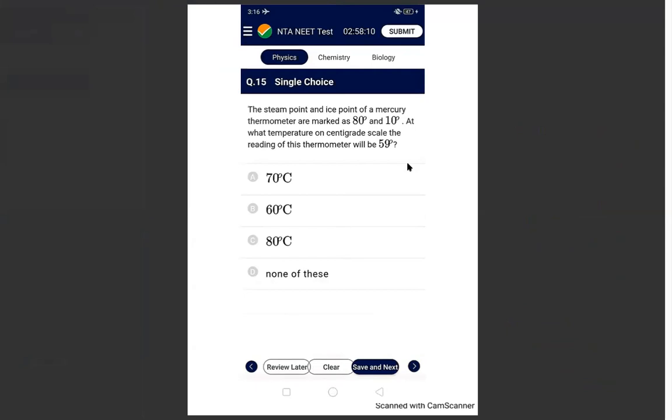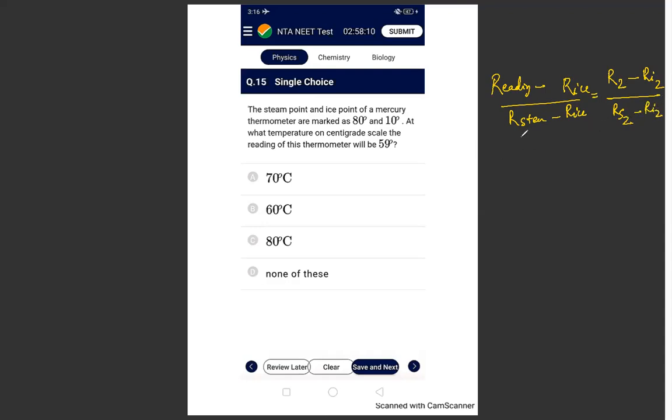The reading of one thermometer minus its ice point, divided by steam point minus ice point, is equal to, for the second thermometer, the same thing: reading of the second thermometer minus ice point of the second thermometer, divided by steam point of the second thermometer minus ice point of the second thermometer.